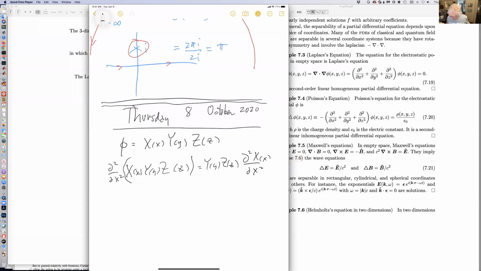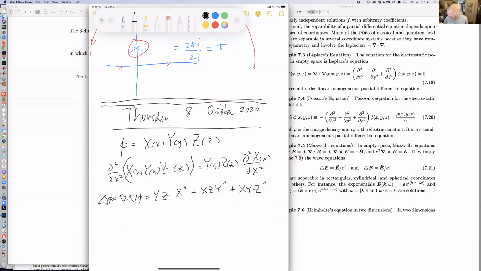So you can see then if you have the Laplacian, which is sometimes written as just triangle of phi, what you will have then is YZ X double prime plus XZ Y double prime plus XY Z double prime, where the primes refer to derivatives with respect to the independent variable, which is y in the case of capital Y, z in the case of capital Z.